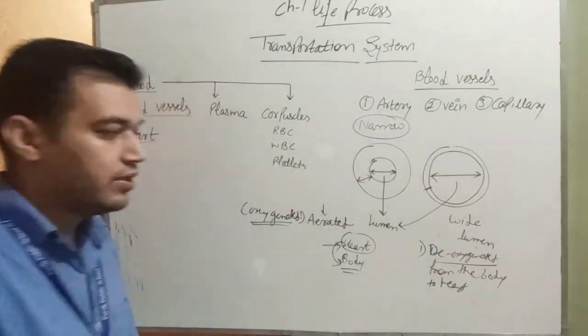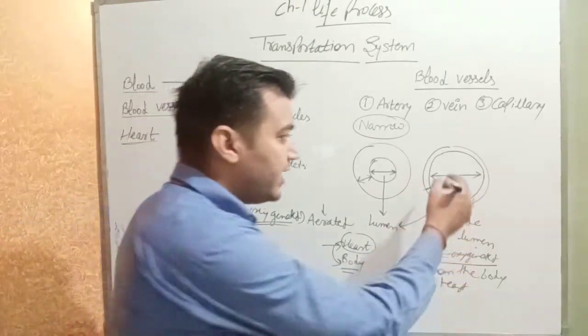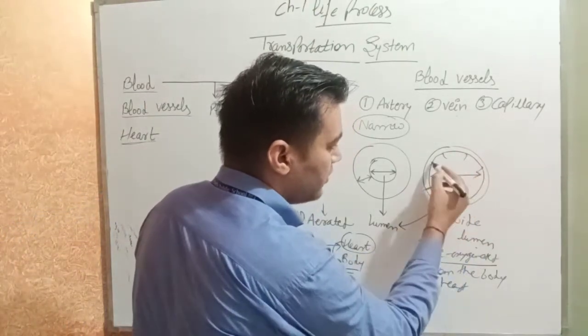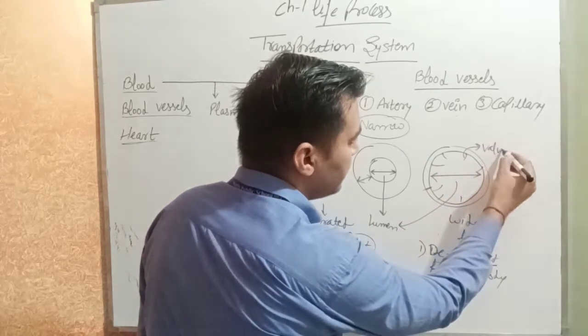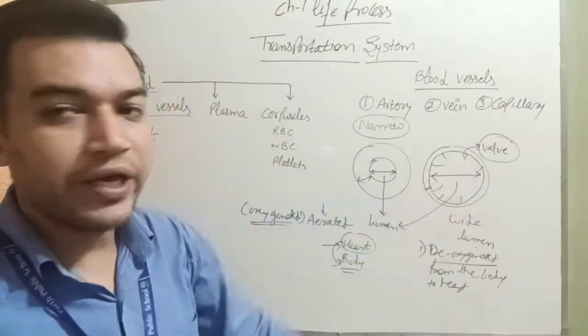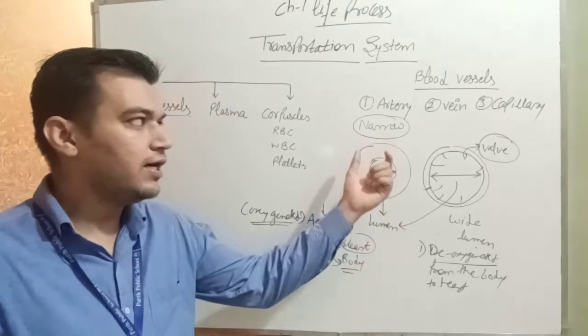Deoxygenated blood. And it has a wide lumen, and the inner surface of vein has a number of valves. What is the function of valves? It prevents the backflow of blood in veins. Okay, so these are the main characteristics of arteries and veins.